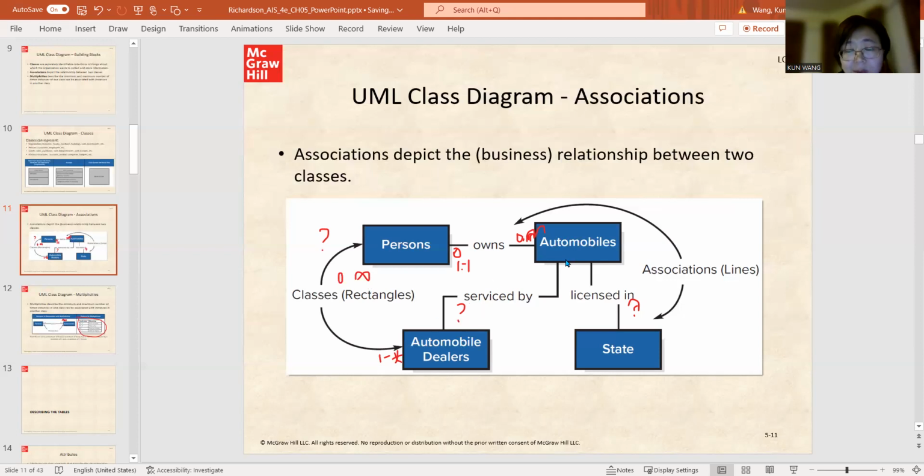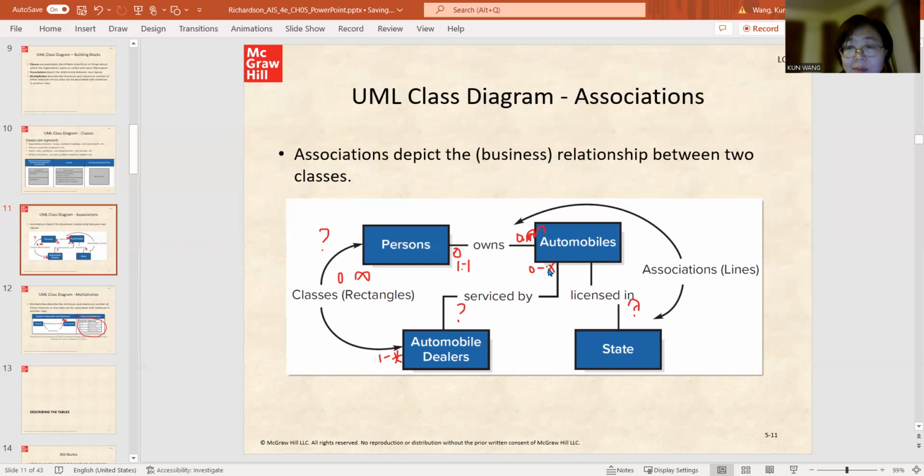And then you can think more about the car and the dealers. At one time the dealer can serve 0 cars for service, but there is no limit.